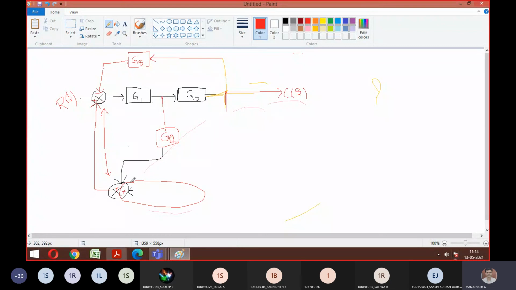Correct? So now what can be done? Is it how it looks? So here, connect my G2 to this summing point, and this connection is given to the single block answer that you got.